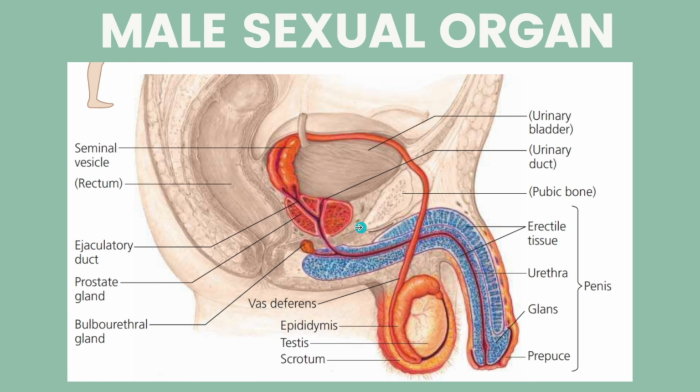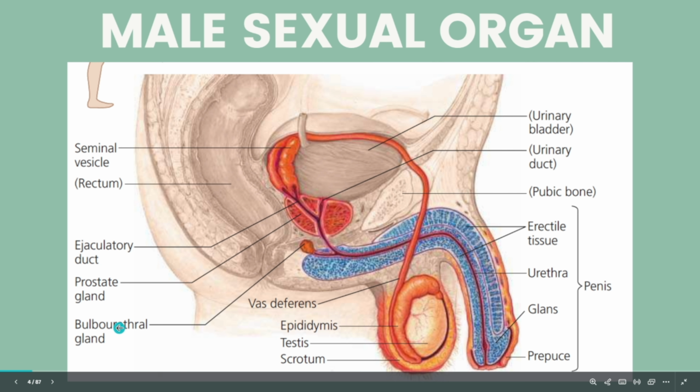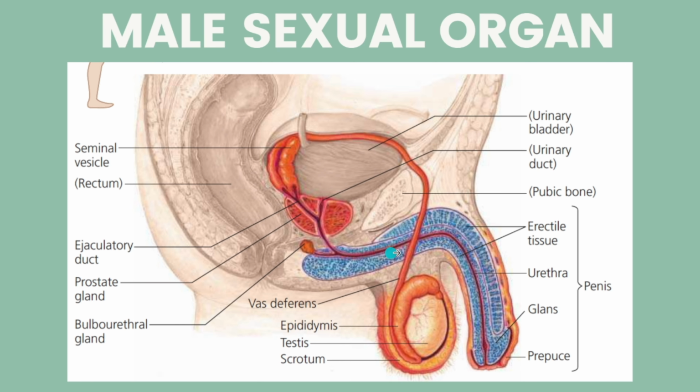Sometimes your urine is acidic, so they need to make sure the urethra is neutral. If it is too acidic, then when the sperm passes through here, mostly your sperm will die. So to prevent this, the bulbourethral gland will secrete mucus, which neutralizes the acidic urine remaining in the urethra.